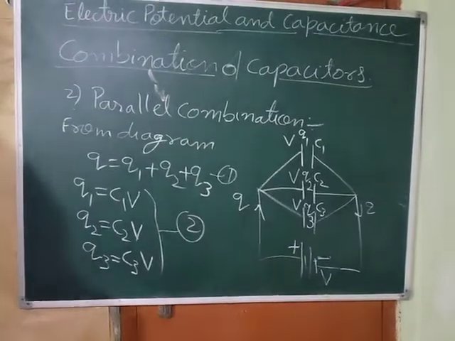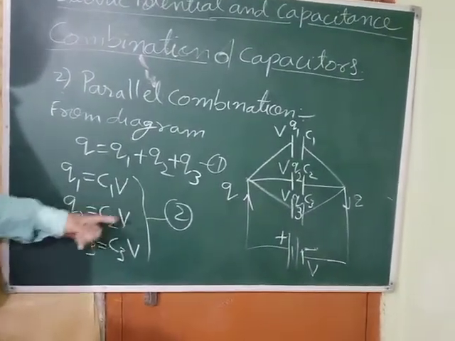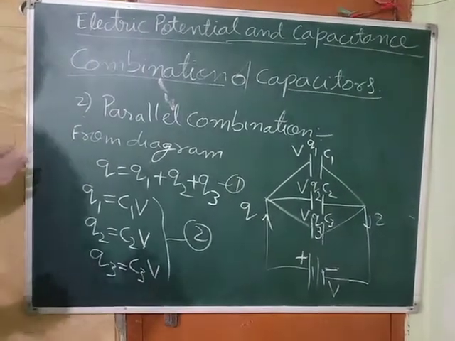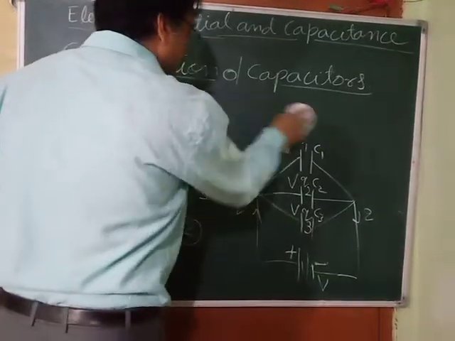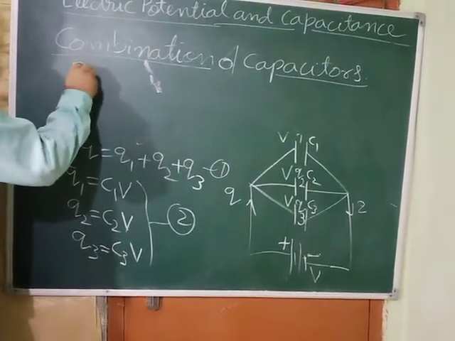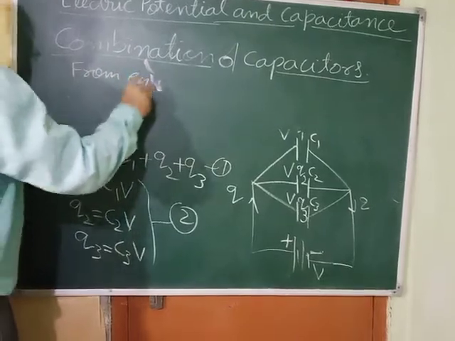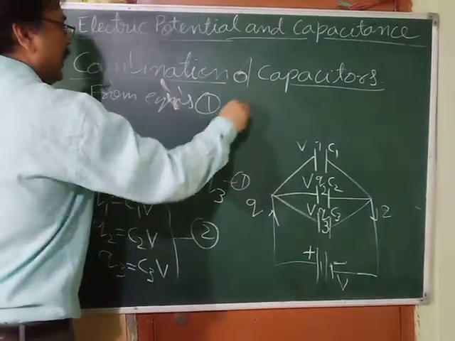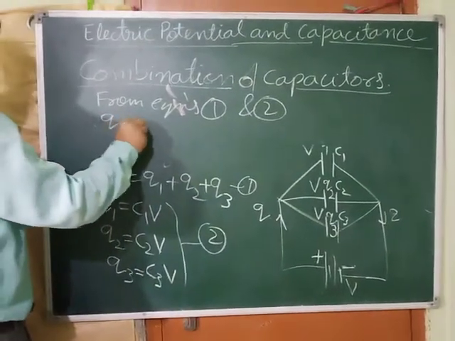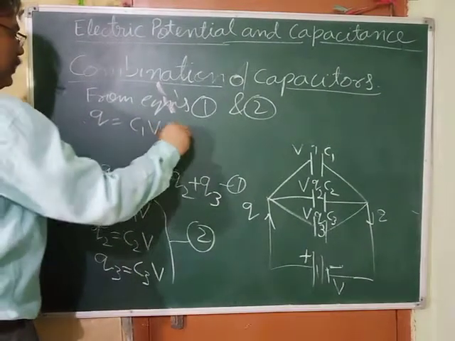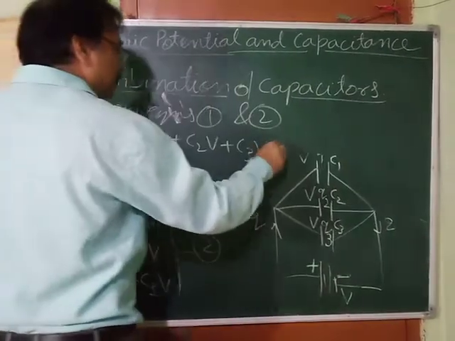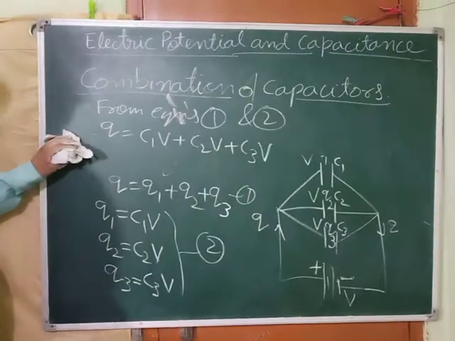Now you can put the values of Q1, Q2, Q3 from equation 2 in equation 1. So from equations 1 and 2, we get Q equals C1V plus C2V plus C3V.